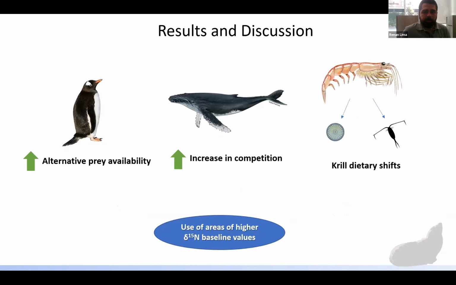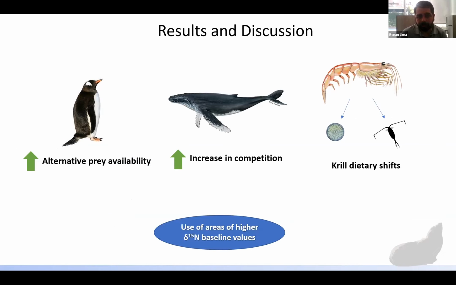So despite oscillations, there is no evidence to support a long-term decline of krill contribution to Antarctic fur seal diet, as it is still the main prey for the species foraging in Antarctic waters. And this has been corroborated by scat analysis by other studies as well. And we found no significant relationship between krill density and nitrogen values.